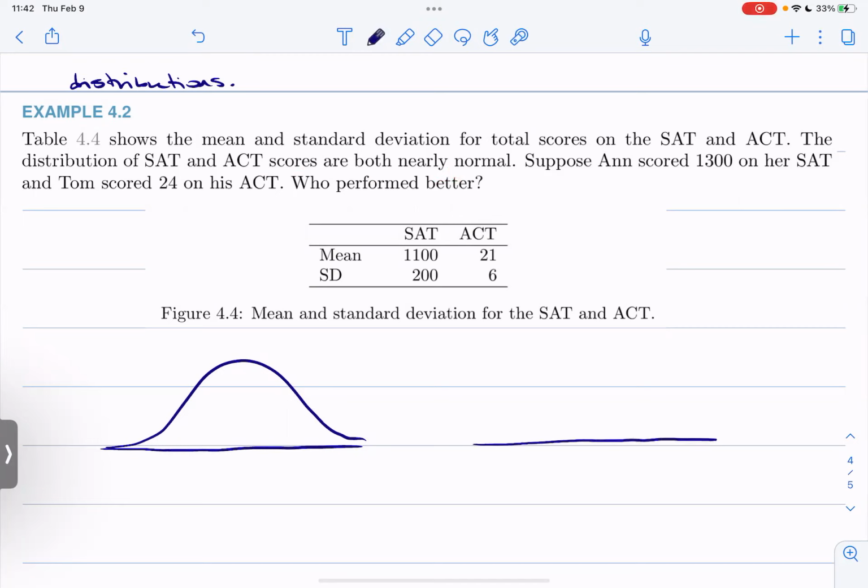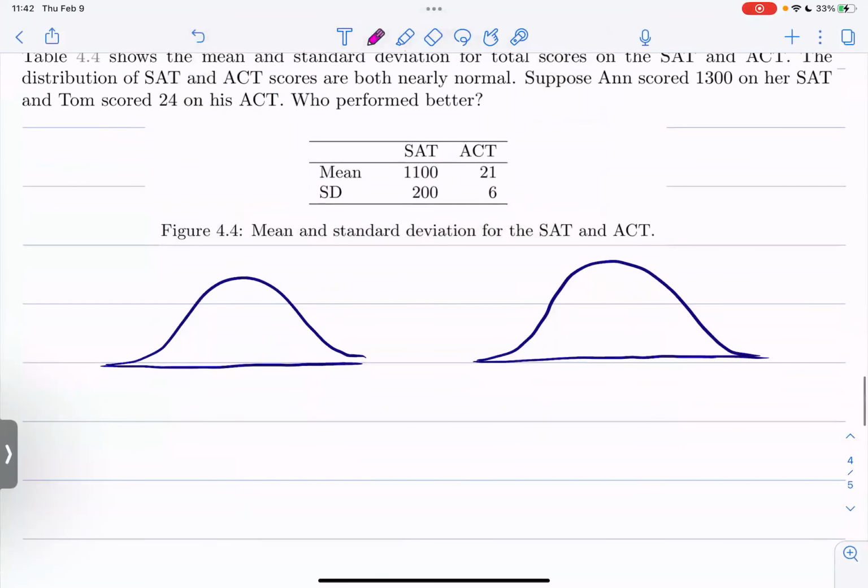I happen to know I'm going to have one for the SATs and one for the ACTs. I have the mean and the standard deviations, and I'm holding off on writing the rest for a little bit.